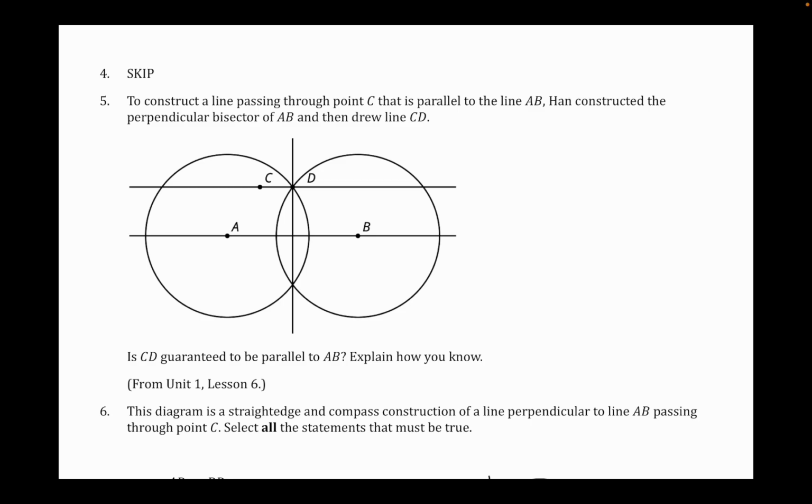Is CD guaranteed to be parallel to AB? Well, the short answer to this is no. It is not a guarantee that this is going to be the same distance. So we will say no. We really need a second set of perpendiculars here.